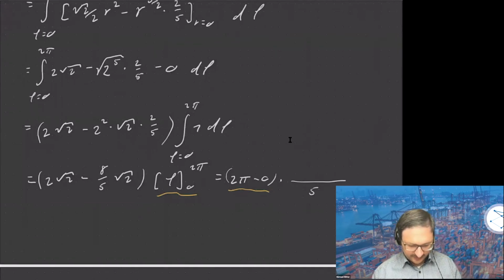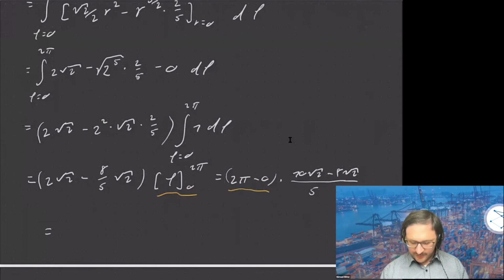So we have 10 square root of 2 over 5 minus 8 square root of 2 over 5. So we are left with 2 square root of 2 over 5 then, and that means, together with this 2 pi, we have 4 pi square root of 2 over 5. Okay, and that's the final result here. Questions?